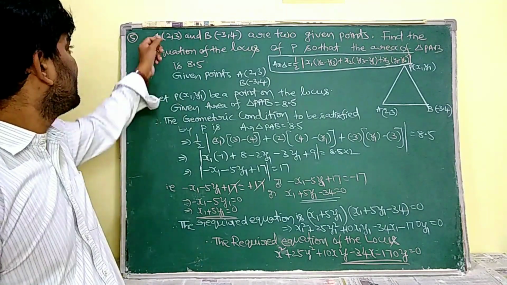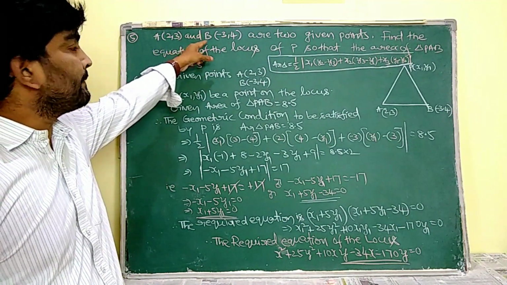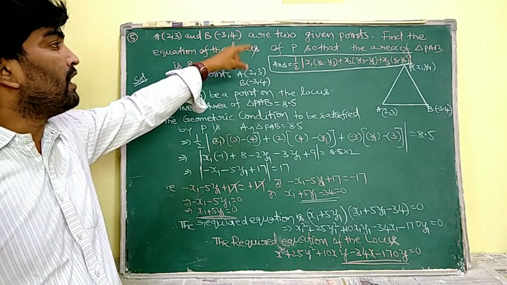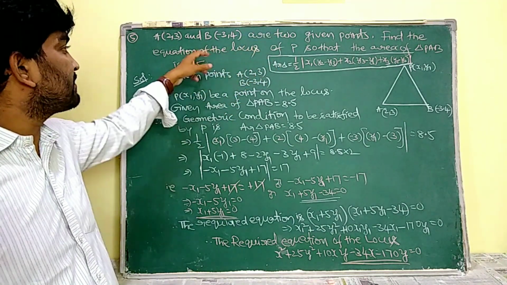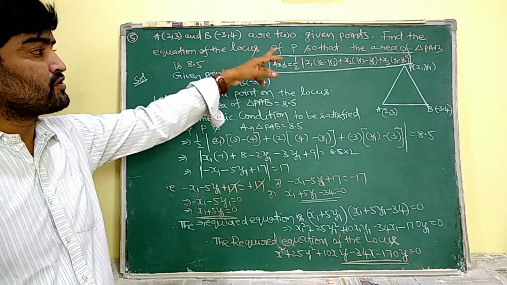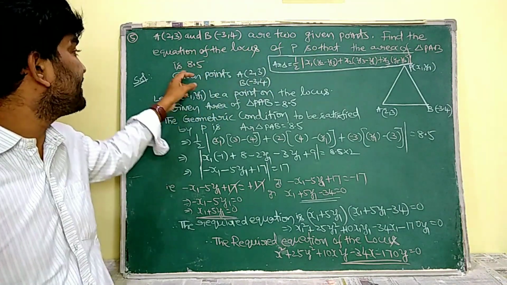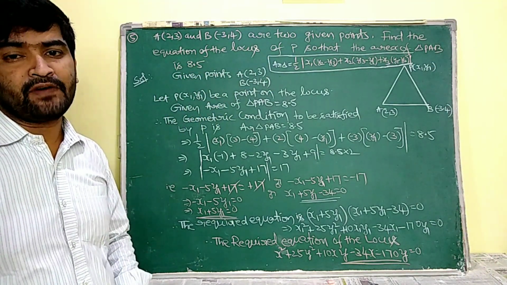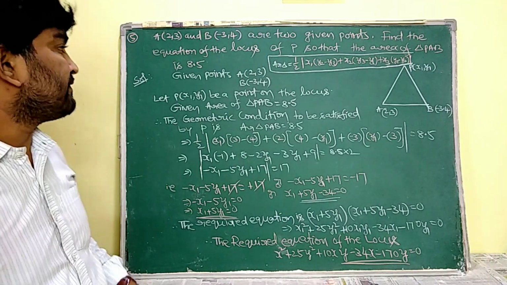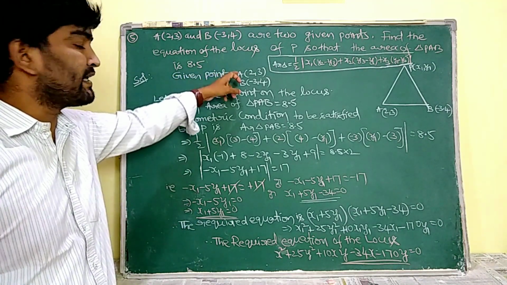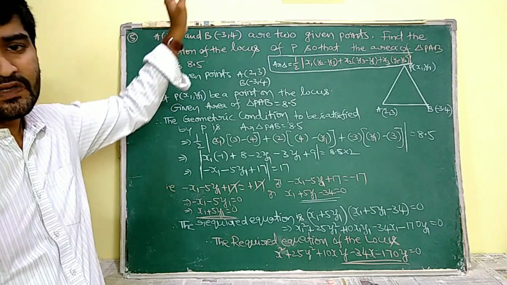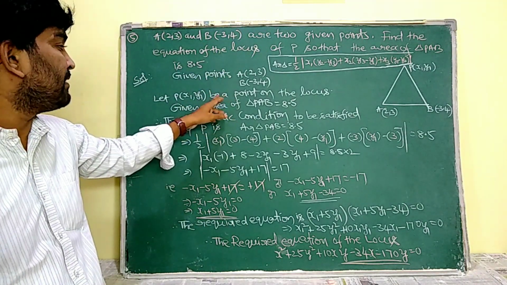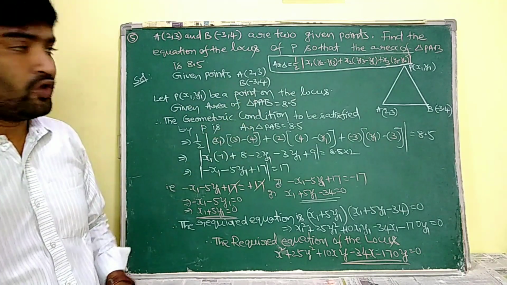Fifth problem. A (2, 3), B (minus 3, 4) are the two given points, and now it is asking us to find the equation of the locus of P, so that the area of triangle PAB is equal to 8.5. So for that we have to write the given points first, A, B. Now we have to assume the point P as (x1, y1) on the required locus.